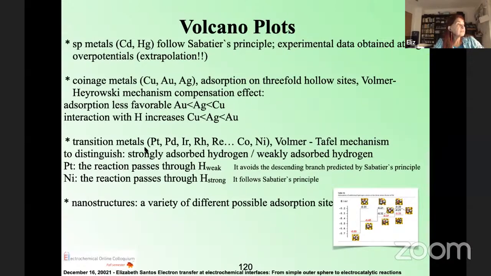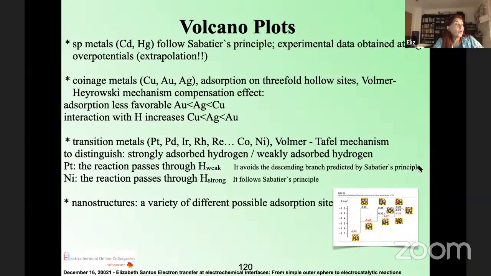In the case of the transition metals, the reaction occurs through the Volmer-Tafel mechanism, and we can distinguish between weakly adsorbed hydrogen and strongly adsorbed hydrogen. In the case of platinum, the reaction occurs through this weakly adsorbed hydrogen.